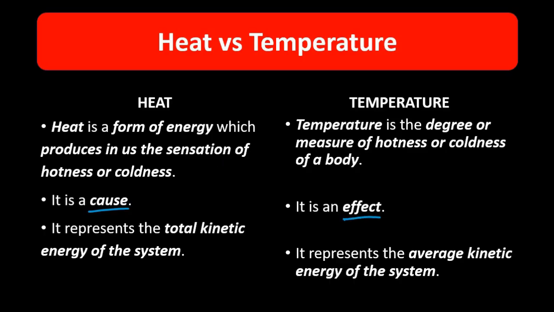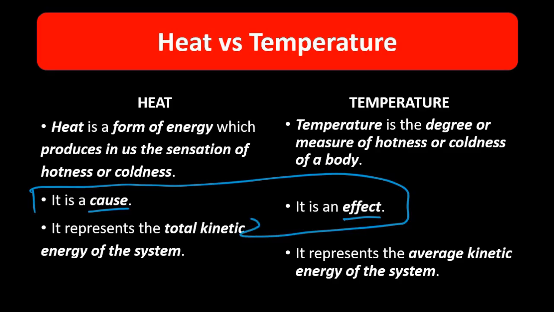You know about the cause and effect relationship: what causes something, and then we see the effect. Heat represents the total kinetic energy of the system, and temperature represents the average kinetic energy of the system. If you understand this point, cause and effect, you will understand heat and temperature. Heat is the cause, temperature is the effect.